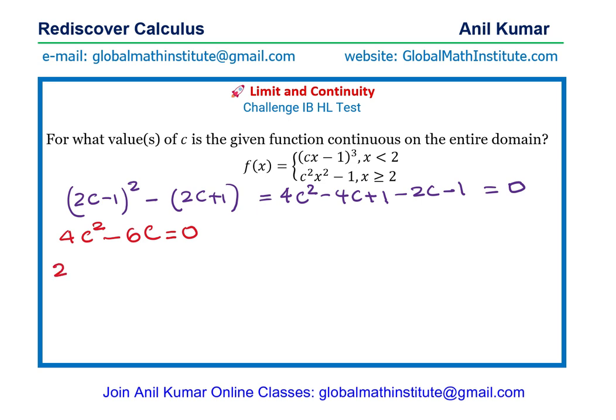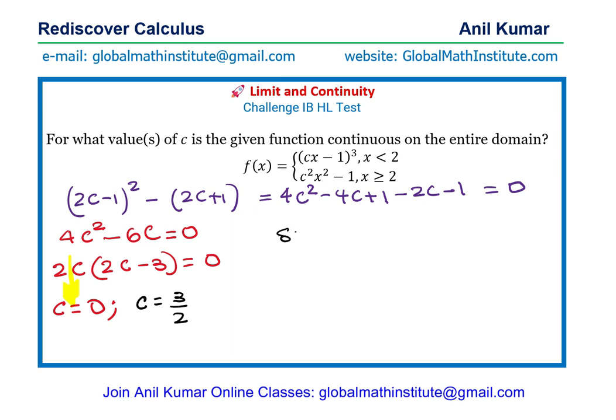So we get 2c common. Here we have 2c times (2c minus 3) equals 0. That gives you c equal to 0. That's one solution. The other one is c equals 3 by 2. You see that? c equals 3 by 2. So we have three solutions to this equation.